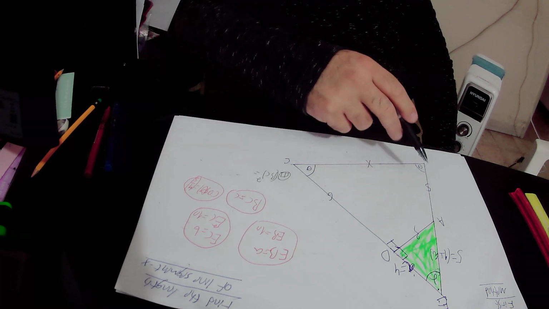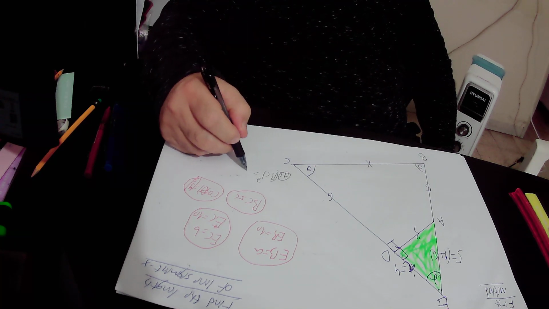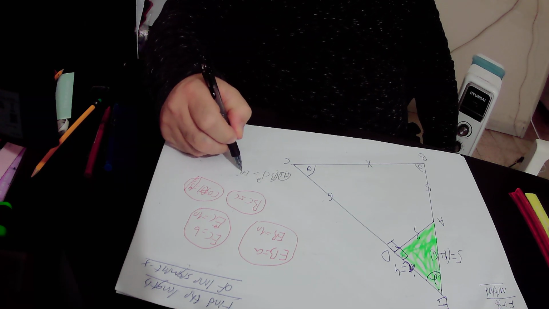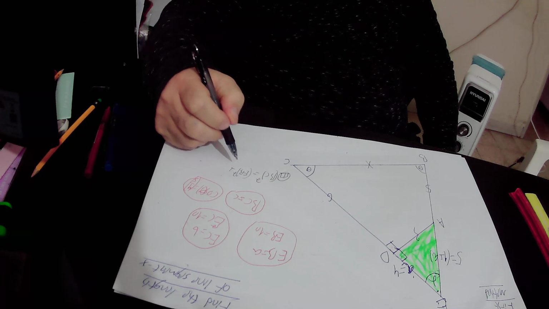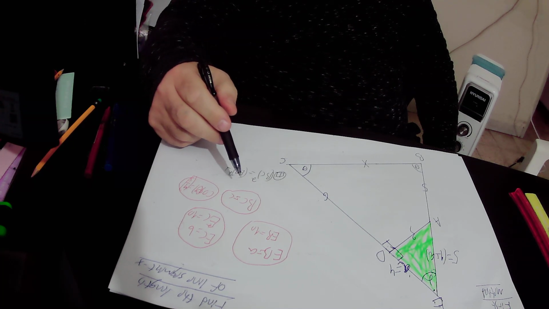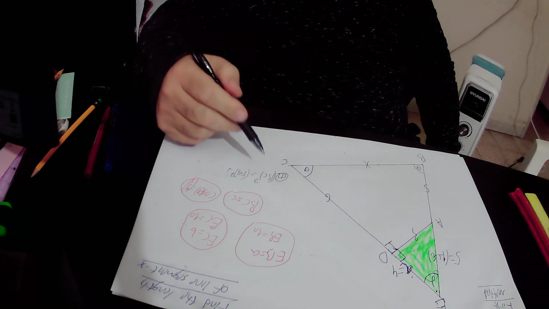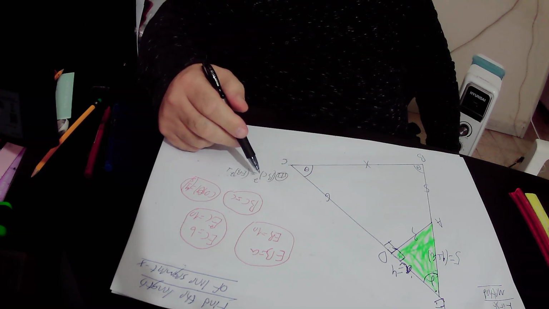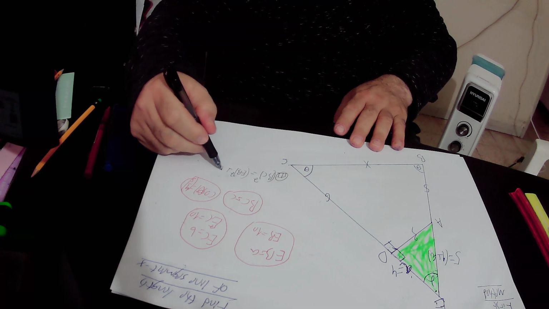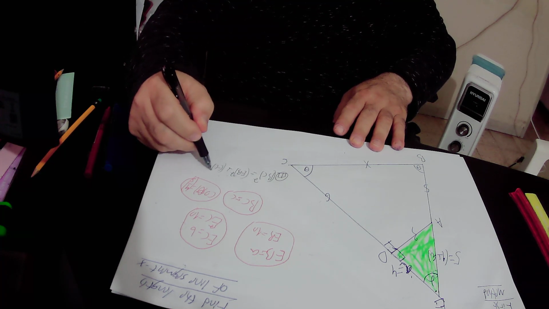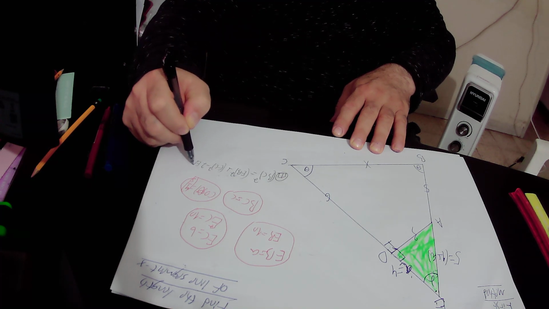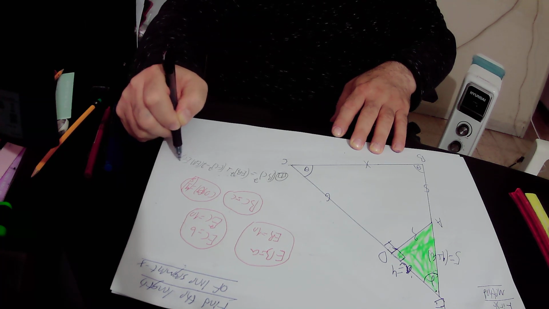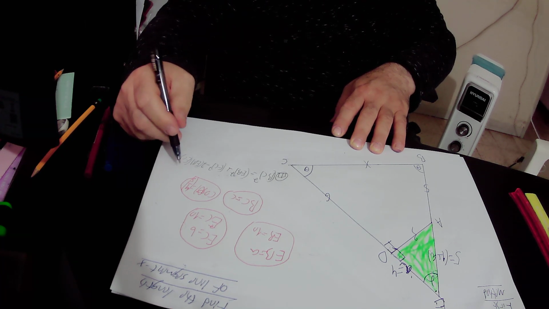A equals EB, so A squared is EB squared, plus B squared. EC equals B, so B squared is EC squared, minus 2 times EB times EC times cosine alpha.